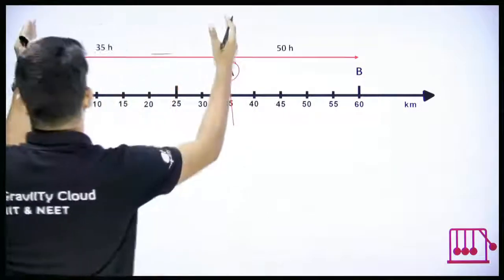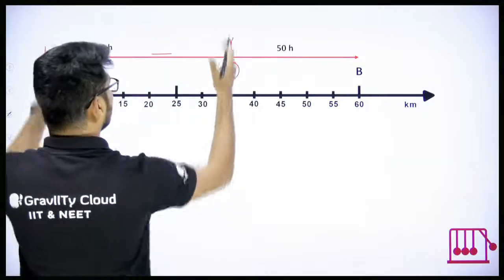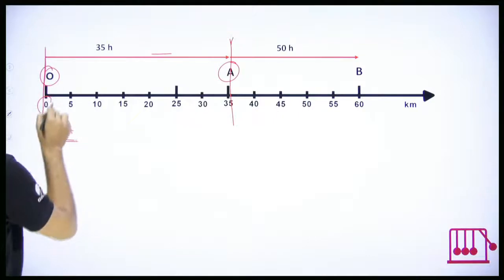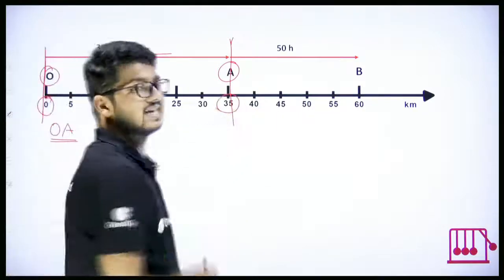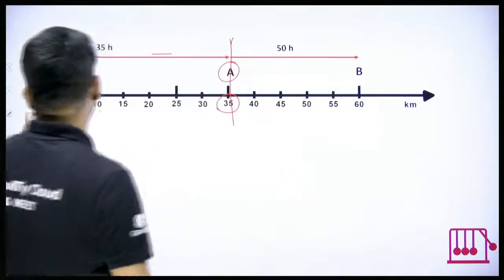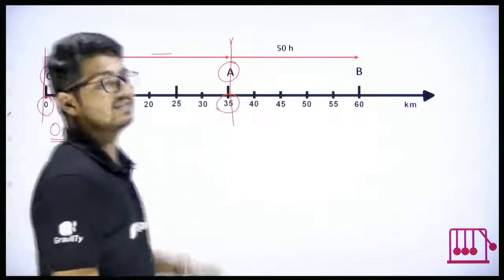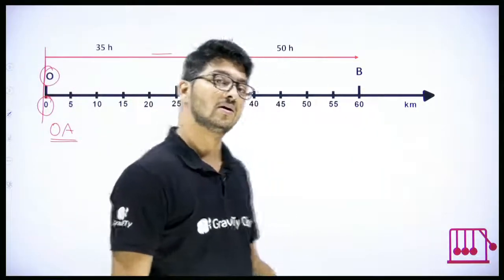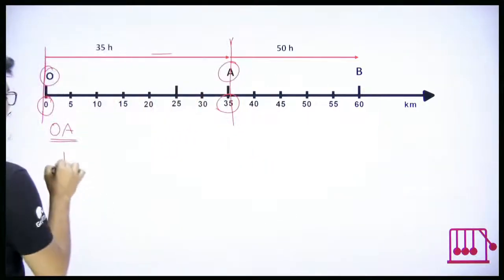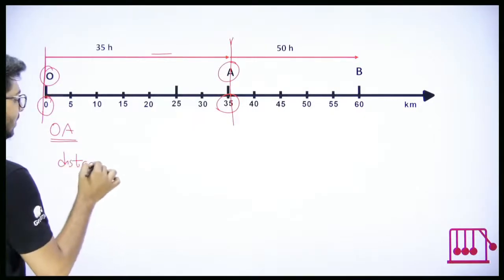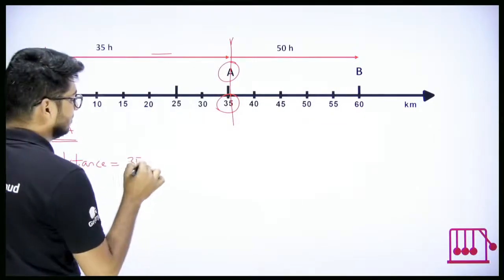It's very simple. I need this length of the straight line. So how do you get this? If I use a scale, think of this as a scale. So at one side you have 0 reading, at the other side you have 35 reading. So what will you do? You will say distance is equal to 35 minus 0.